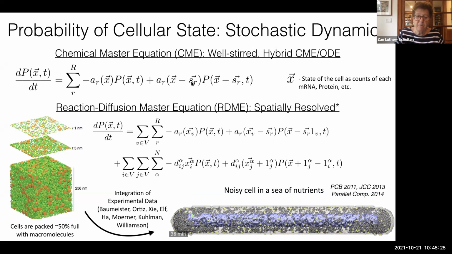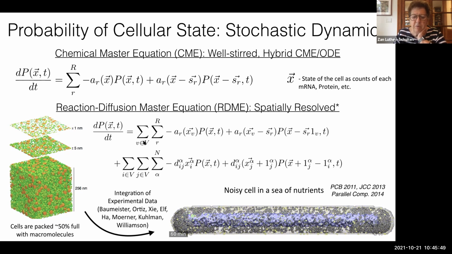stochastic algorithm. Now, if you want to take spatial heterogeneity into account, then I need to add to this reaction term one involving diffusion. And if you notice, I've added another sum because now each of these processes, each reaction, carries a label of where it is in the cell.